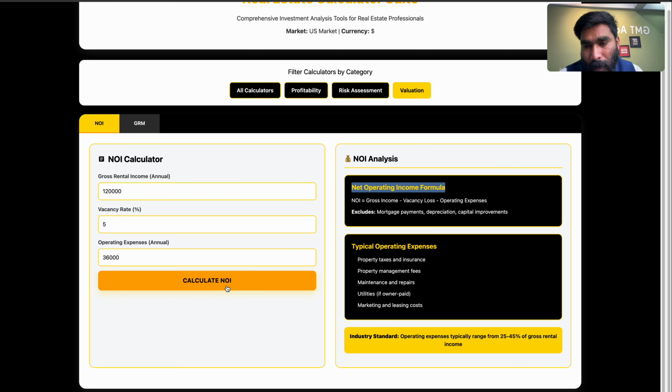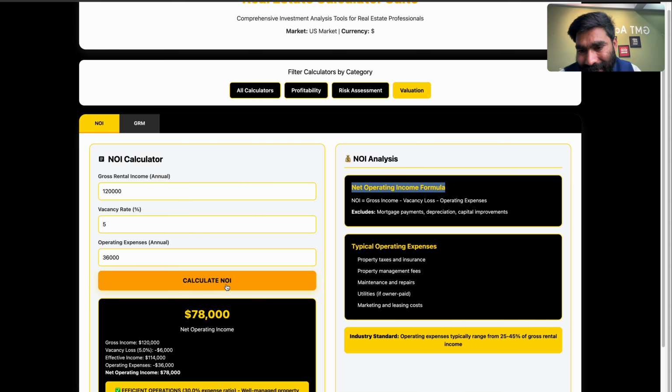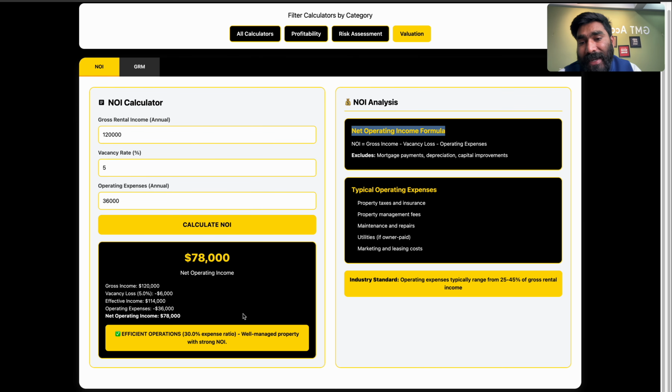So let's calculate now. We have a rental income of 120k, vacancy rate 5%, and operating expense 36k. We have a net operating income of $78k. So 120k would be gross income in this context.